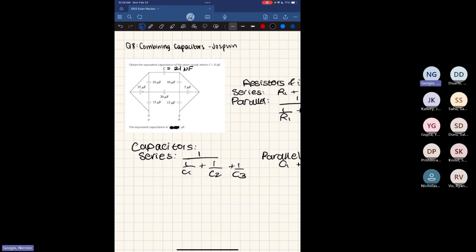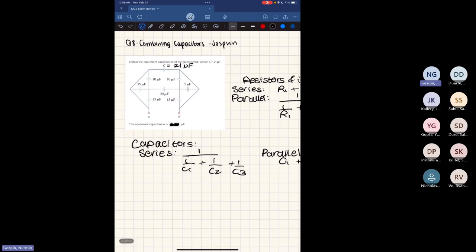For the left-hand side, you can connect these two here, and also from here, so that makes them parallel. Same for these two, connect them here and here. So that actually makes all three of those parallel. For this kind of problem, I would recommend combining two at a time, just to avoid confusion.